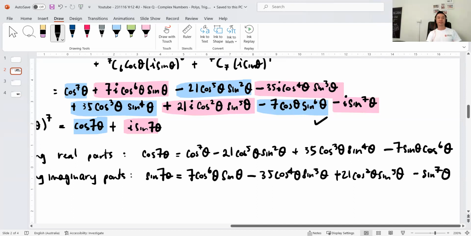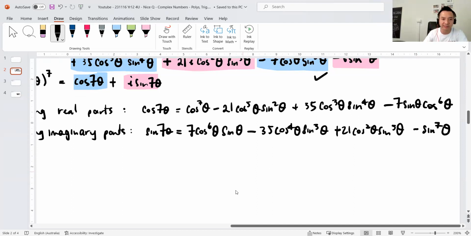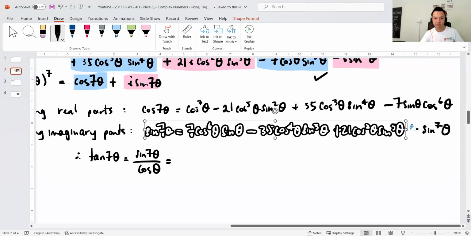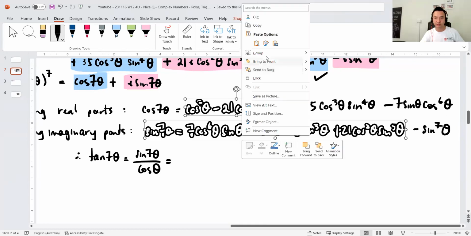All right, cool. Once you get sine and cos, they want tan in this question. So therefore, tan 7 theta equals sine 7 theta on cos 7 theta. So guys, I'm a little bit lazy, so I'm just gonna copy. Just gonna ungroup it.